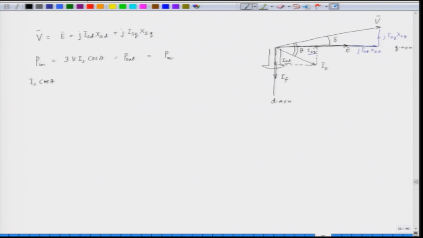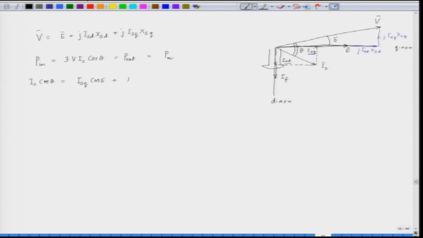Now, I_s cos theta is the projection of I_s along V. So, I_s cos theta can be written in terms of the current components, that is equal to I_sq into cos delta.